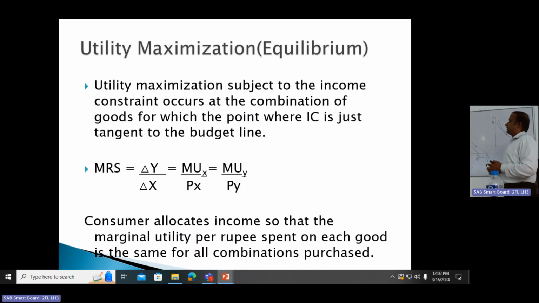So that is the equilibrium point for utility maximization subject to the income constraint, right? It is the combination of goods at the point where the indifference curve just touches the budget line, and it will give some utility, based on the indifference curve and budget line.